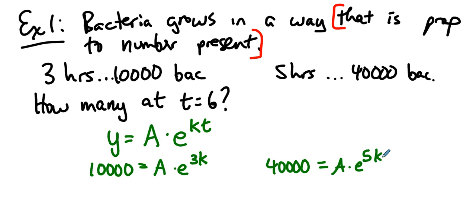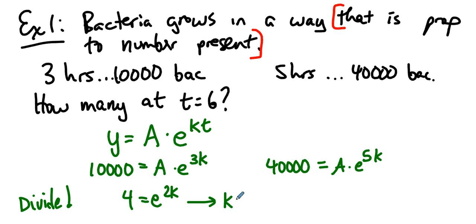The question is, what do we do with this information and this information? The answer is we divide these by those. 40,000 divided by 10,000 is Ae to the 5k over Ae to the 3k. This can be solved.